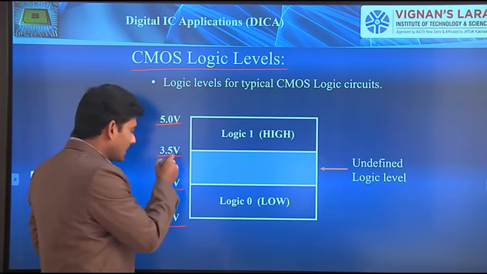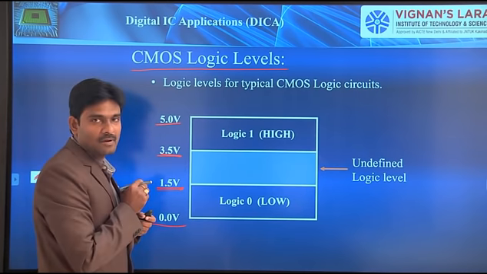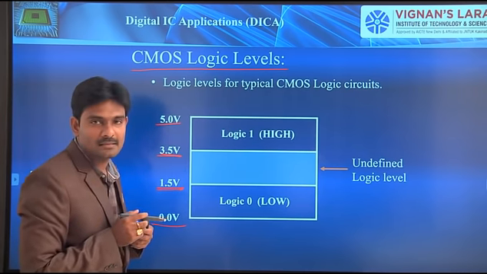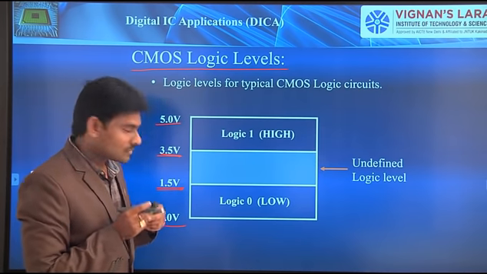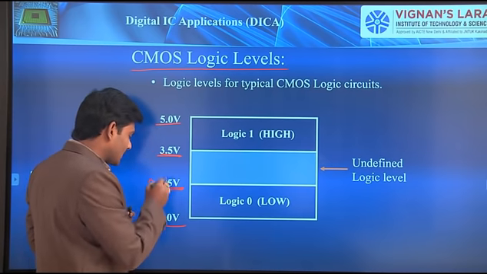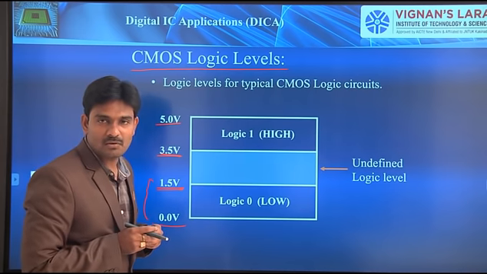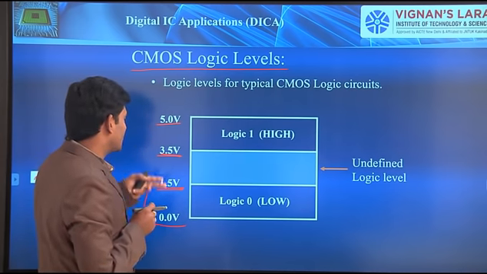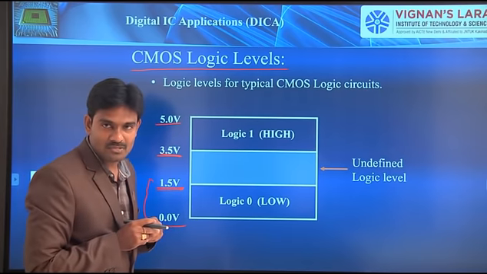The intermediate values lying between 1.5 and 3.5 are defined as the undefined logic level. So whatever input we give between 0 and 1.5 volts can be assumed as logic 0, and whatever value we give between 3.5 and 5 can be considered logic 1.